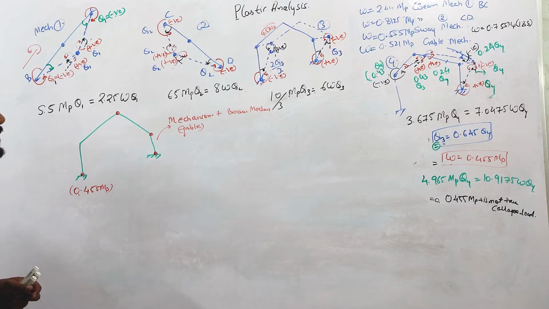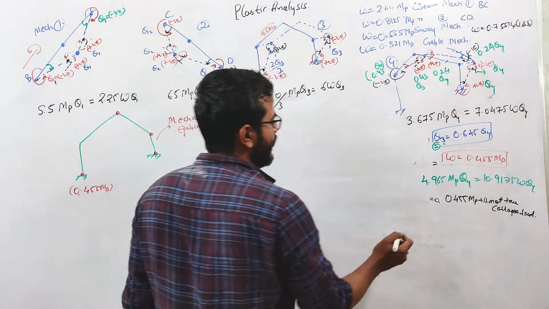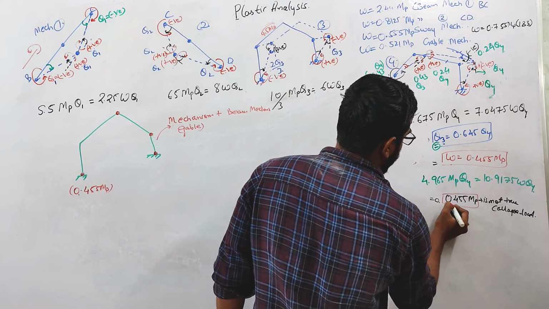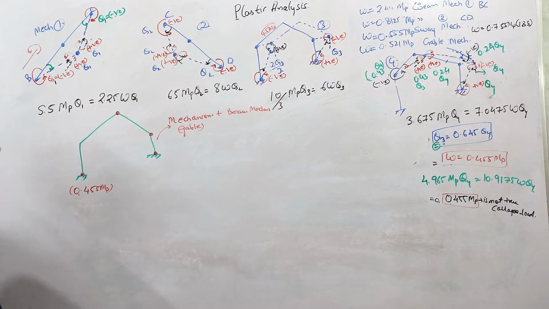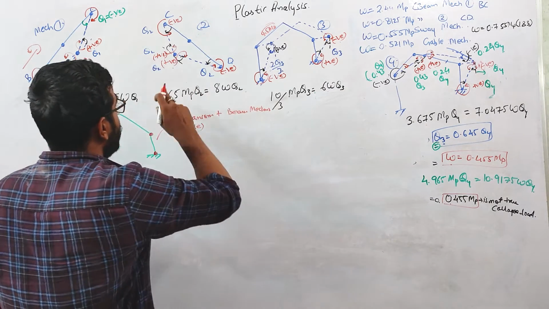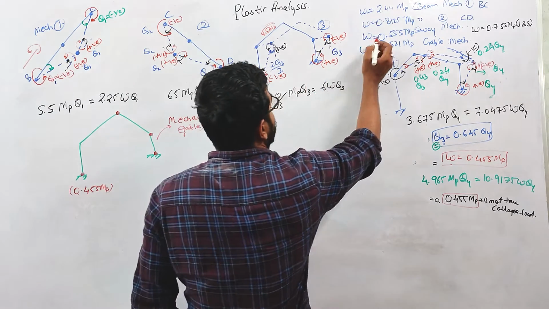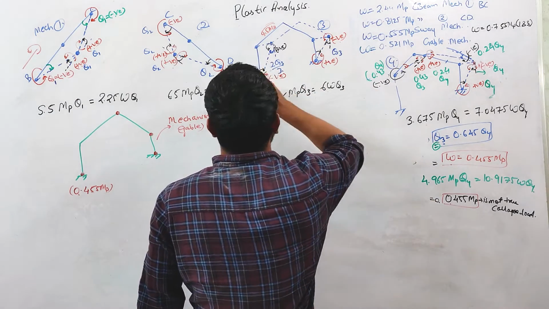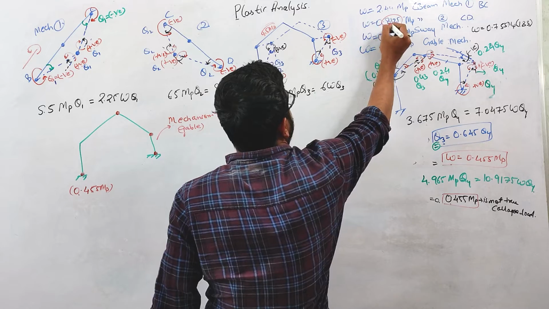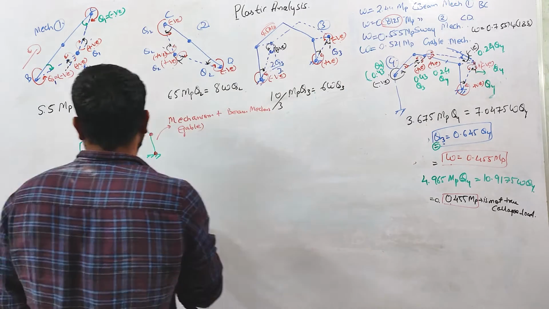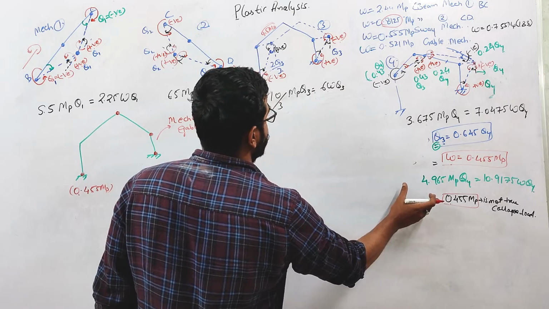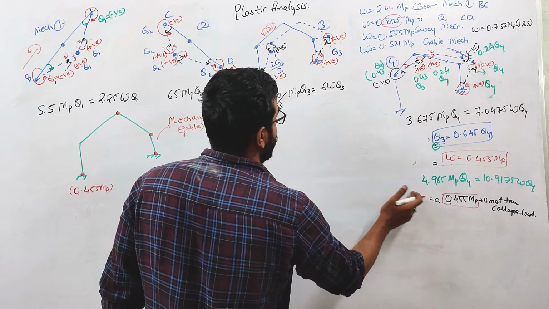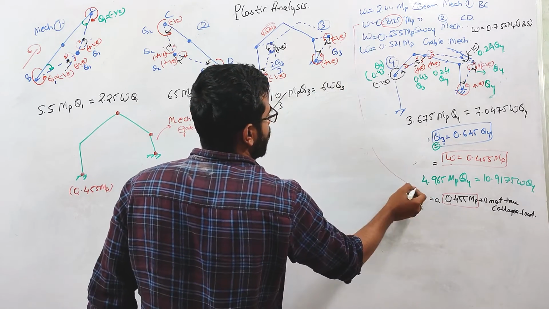Because here the critical load coming out is very less, 0.455 MP. So what I'm doing is combining the beam mechanism, for which the load is coming 0.1825. So I'll combine this minimum value of the critical load, which is not a true collapse load basically, with this beam mechanism.